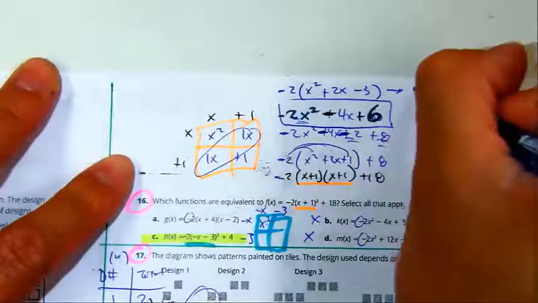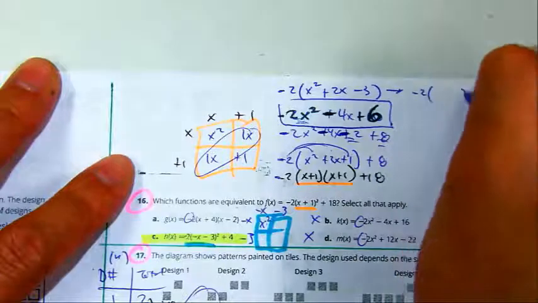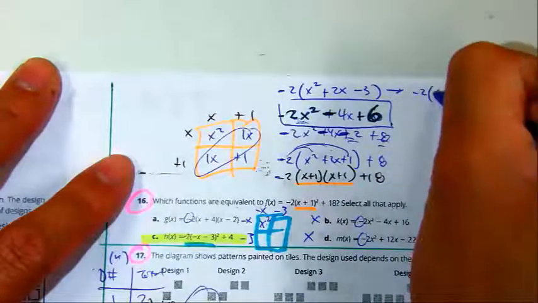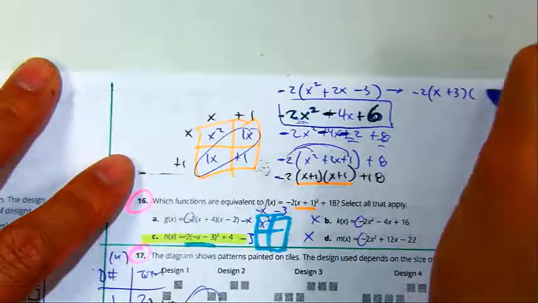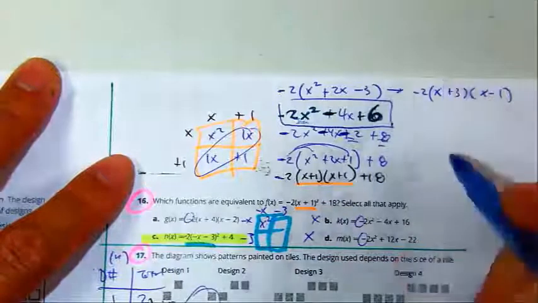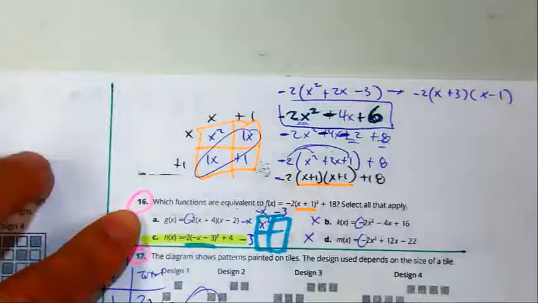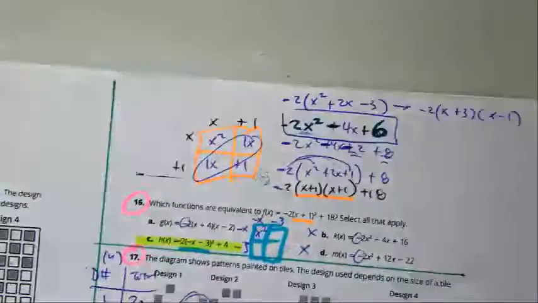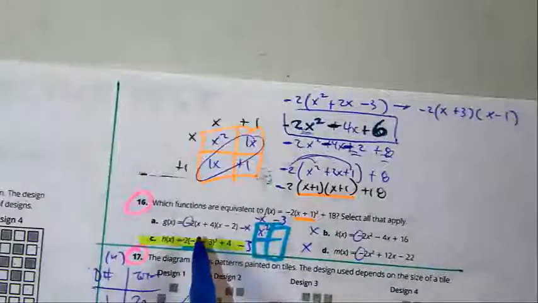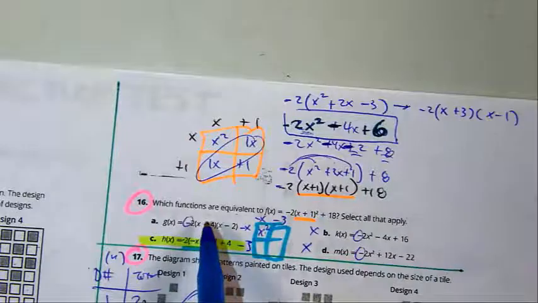And then what would I do with that? With the negative 2 out, you can then factor that: x plus 3, x minus 1. And this would give us negative 4x, negative 2.